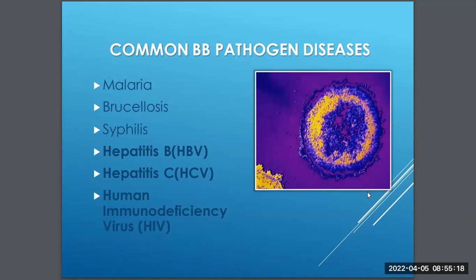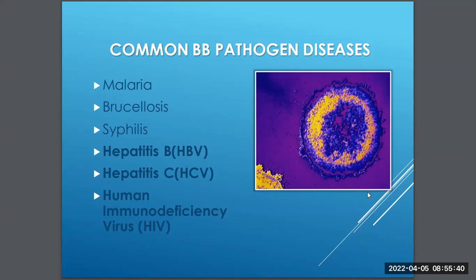Common bloodborne pathogen diseases. Malaria, caused by a parasite spread to humans by bites of infected mosquitoes. A parasite refers to an organism or living thing that can cause disease in humans.